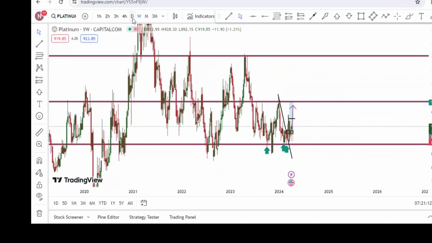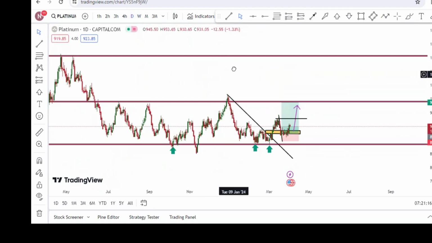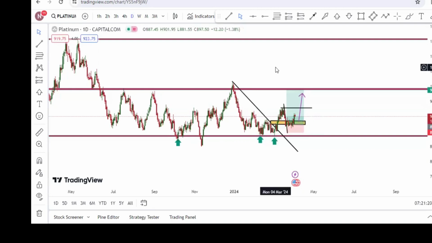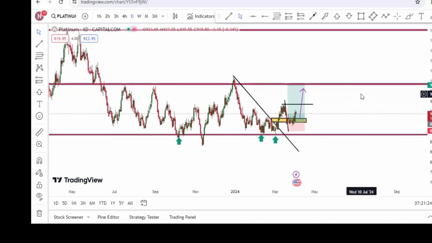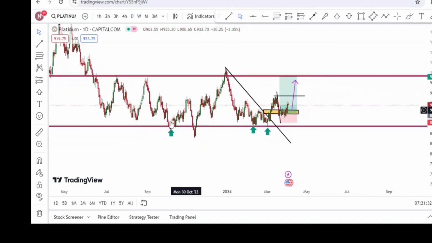So let me go to daily and see what is happening on daily. This is what is happening on daily. As you can see, the market respected more than 3 or 4 times.